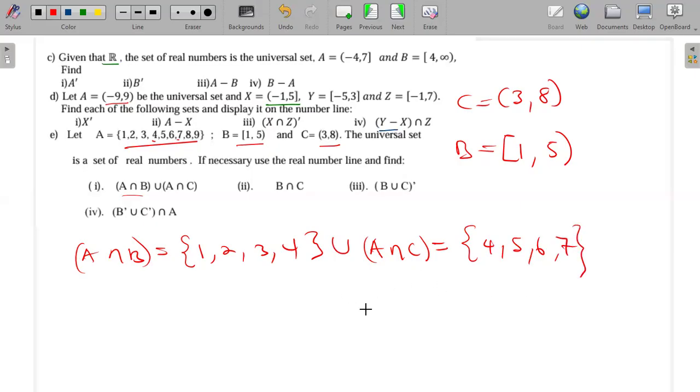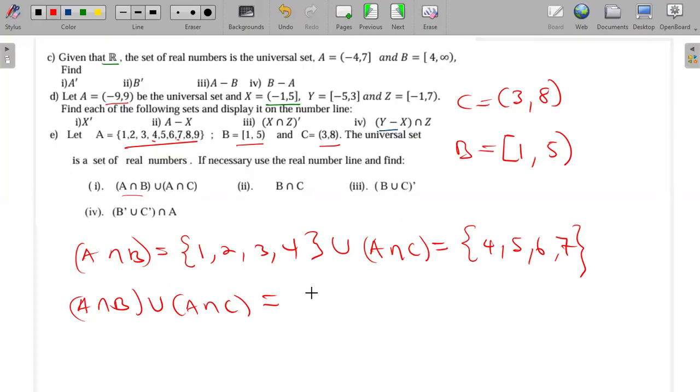Now, these are the two. Then they're telling us union, bringing everything together. So A intersect B, union A intersect C: union means the element is either in one set or the other.